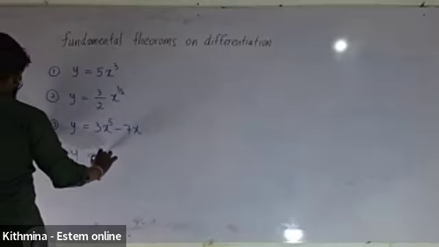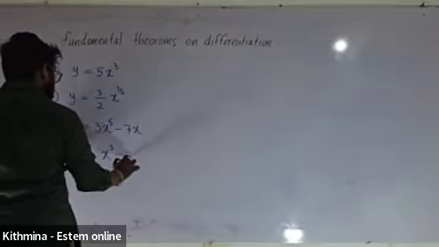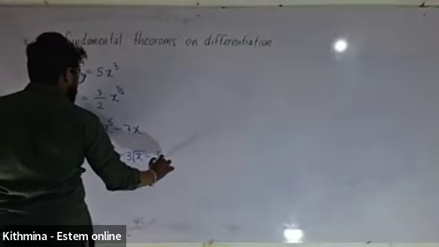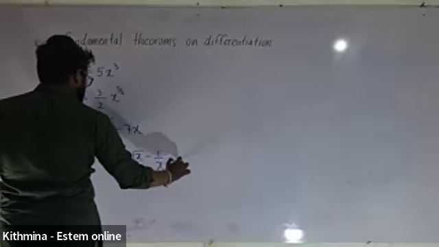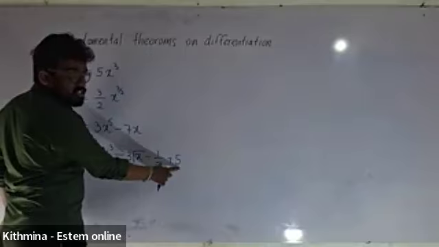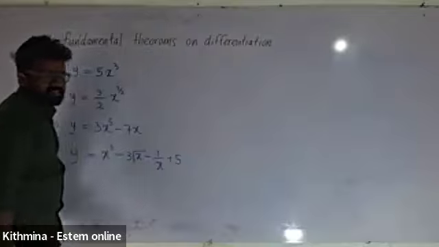Y equals x cubed minus 3 root x minus 1 over x plus 5. Please get it in your mind: the differentiation of 5 is 0, because 5 is just a constant.